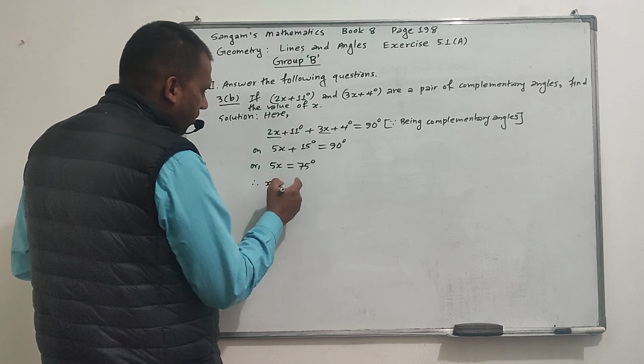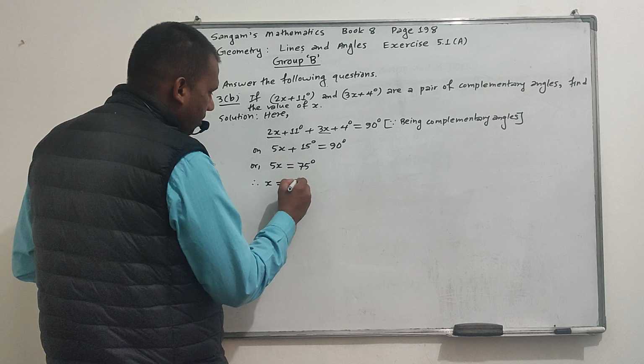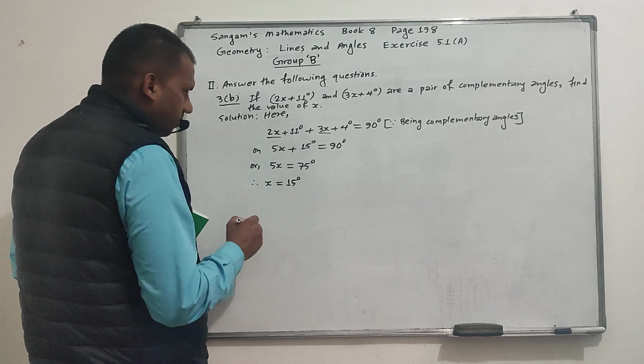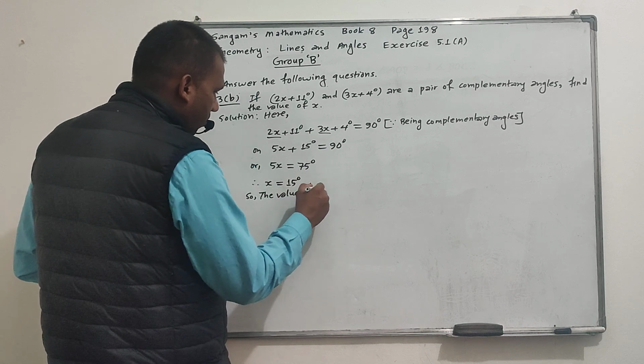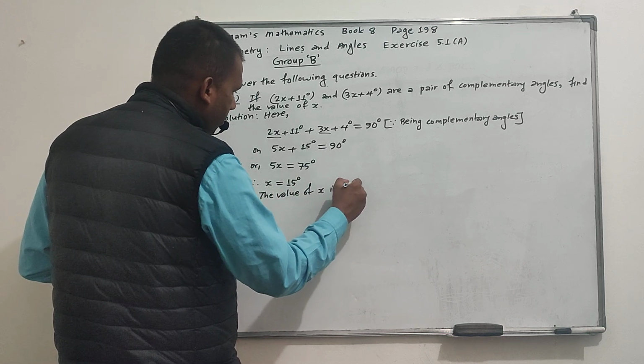Therefore x equal to 75 divided by 5, that is 15 degrees. So the value of x is 15 degrees.